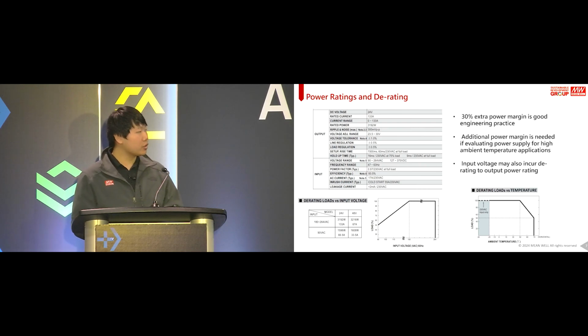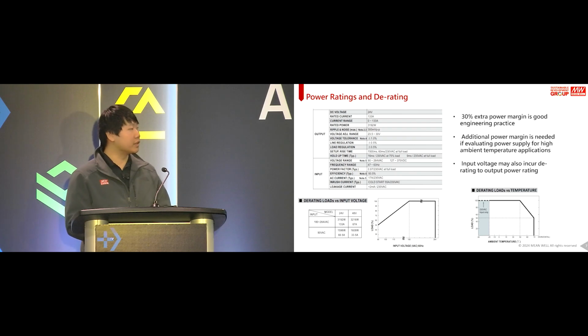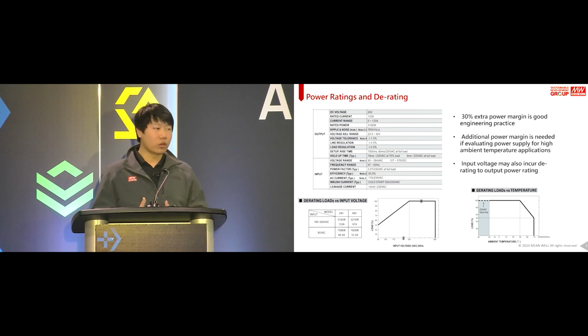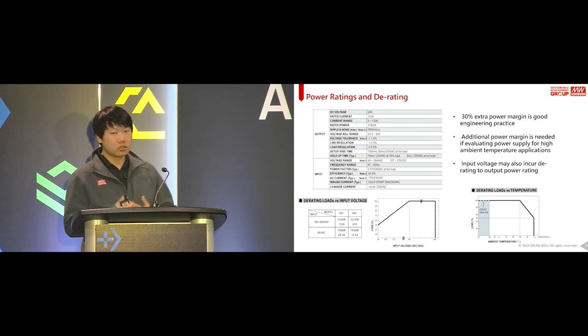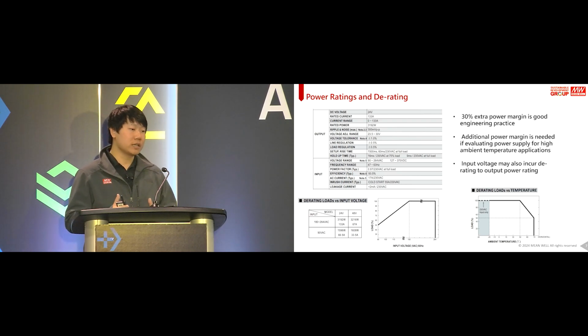And then additional power margin may be needed if the application is also used in very extreme temperatures or very different input conditions. So at the bottom right corner here, we have a derating curve versus the temperature. So you can see that for our power supplies, typically we rate it up to full load, up to 50 degrees Celsius. However, if your application requires the temperature to go higher, you're in a very humid, very hot factory or plant, you may need to go to 70 degrees Celsius or even higher.